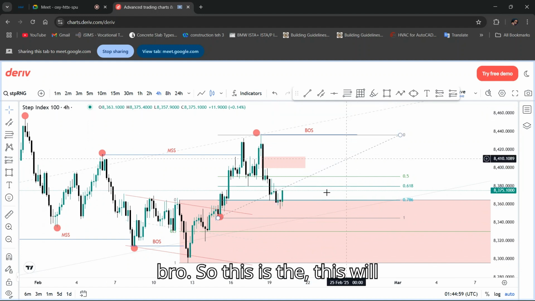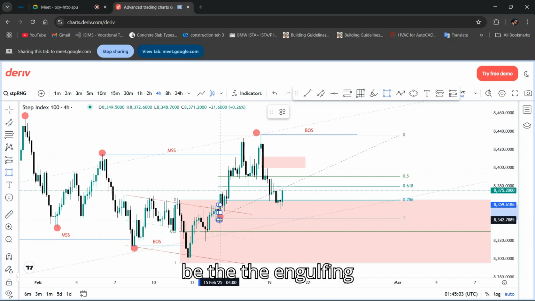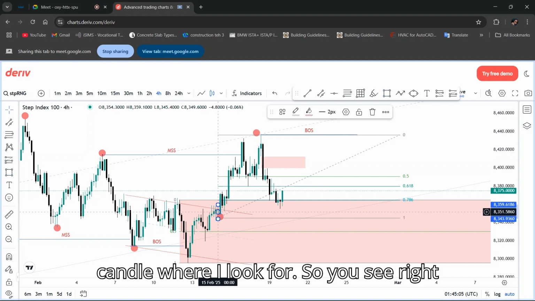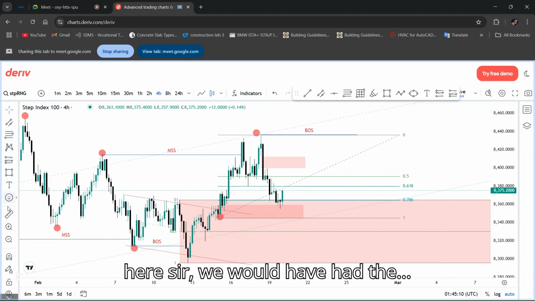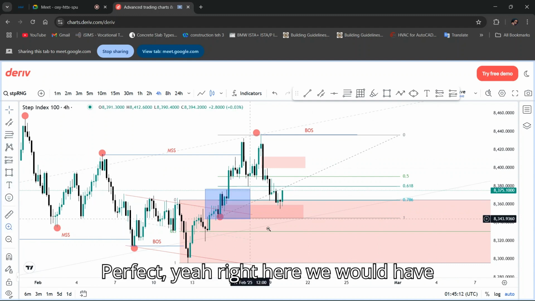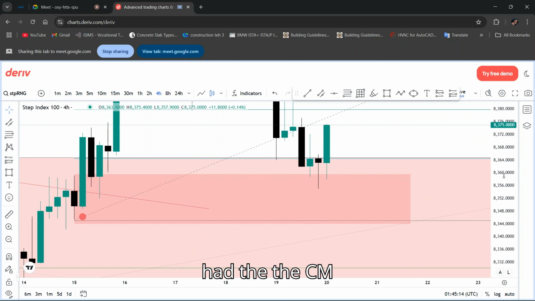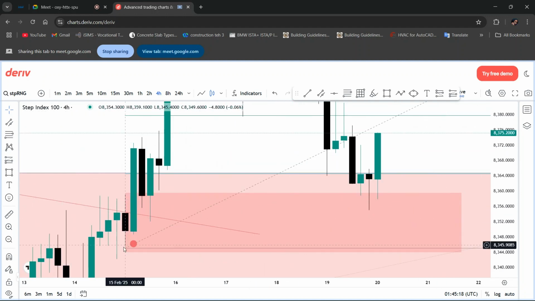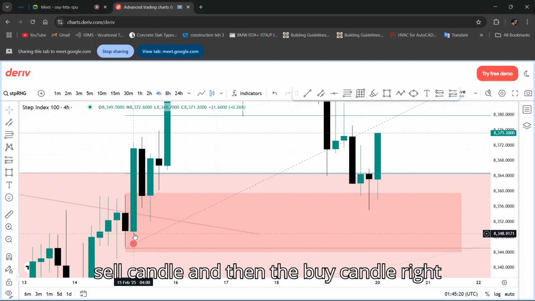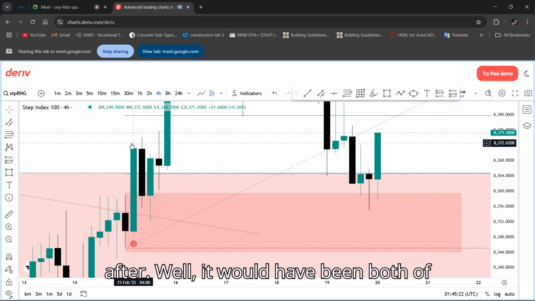Another question, bro. So this will be the engulfing candle we are looking for. So you see right here, we would have had the perfect, the same engulfing: the last sell candle and then the buy candle right after.